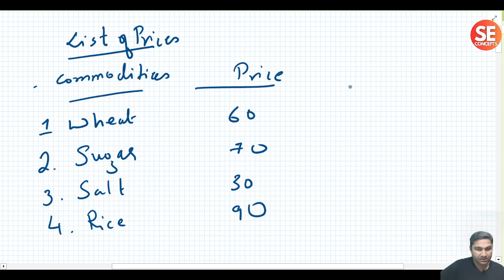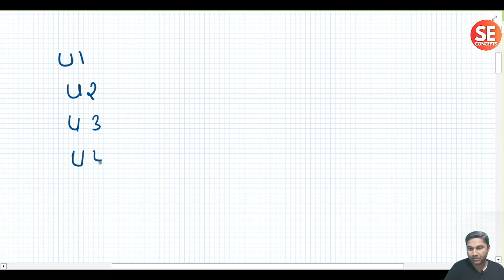Let us say, for example, you have 5 users. I will put them vertically: user 1, user 2, user 3, user 4, user 5, and there are 5 movies: movie 1, movie 2, movie 3, movie 4, and movie 5.